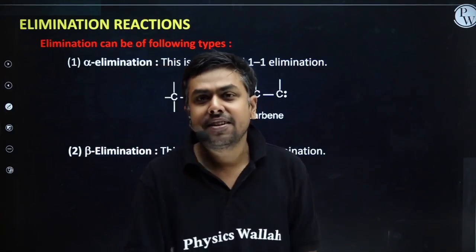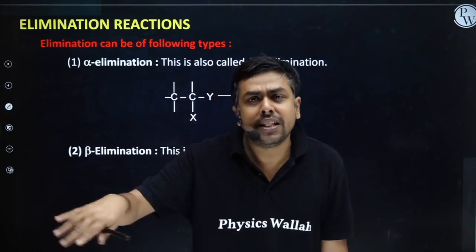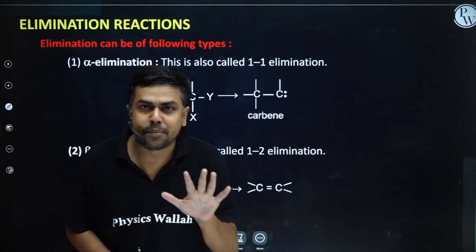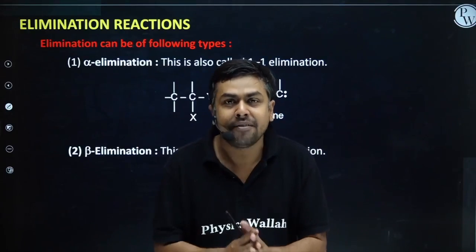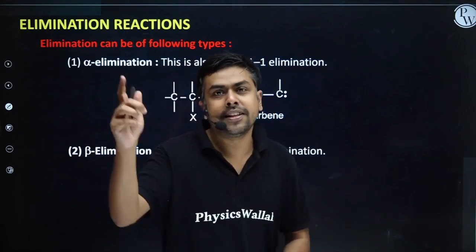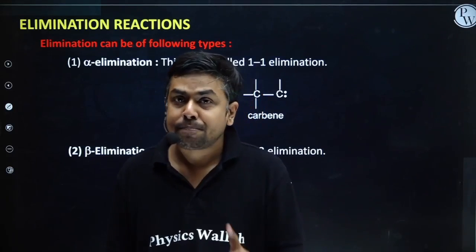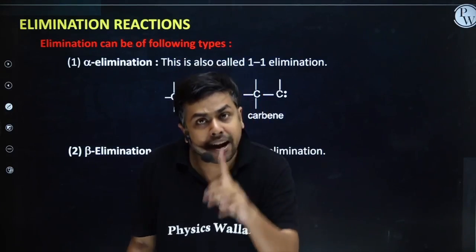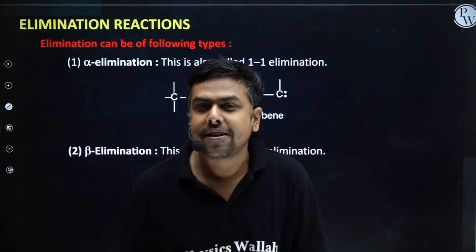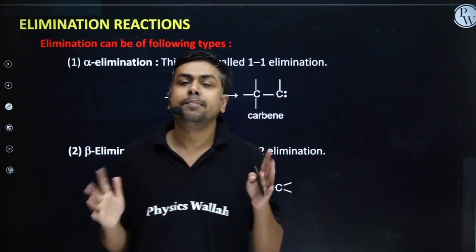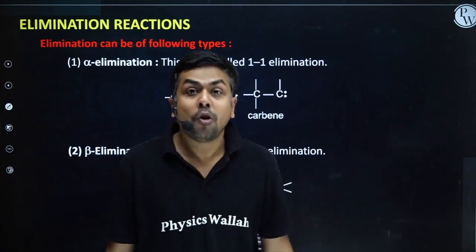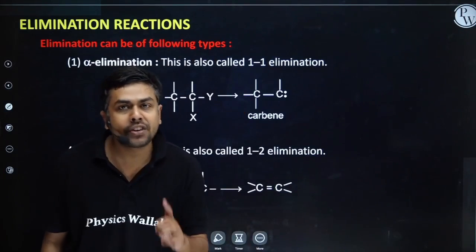As soon as the acidic hydrogen is snatched, one of the leaving groups gets departed. So in elimination reaction, in general, I will have the removal of one acidic hydrogen and the leaving group. If both hydrogen and the leaving group get departed from the same carbon, it is referred to as alpha elimination or 1,1 elimination. And alpha elimination always leads to the formation of carbene.